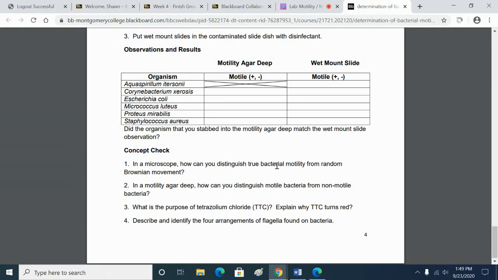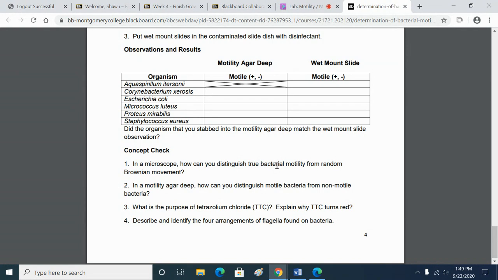And what are the 4 arrangements of flagella in bacteria? What do you call it when they have one on each end? Amphitrichous.